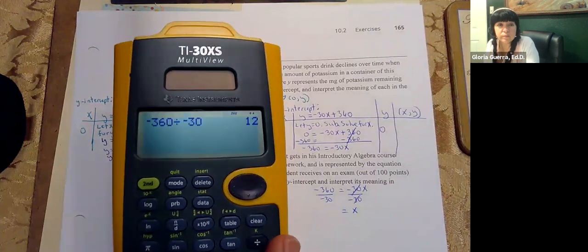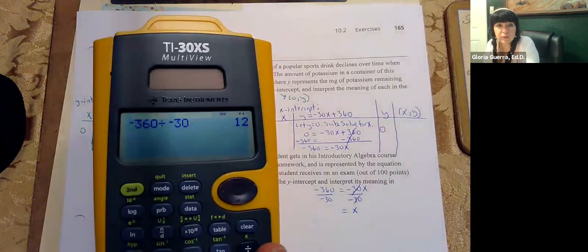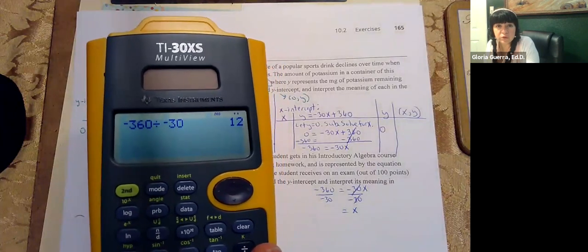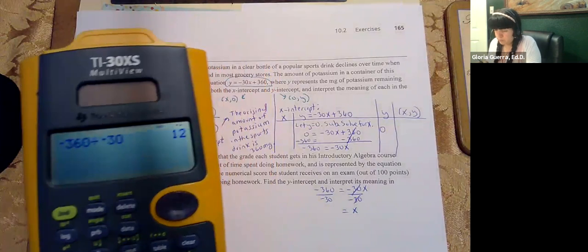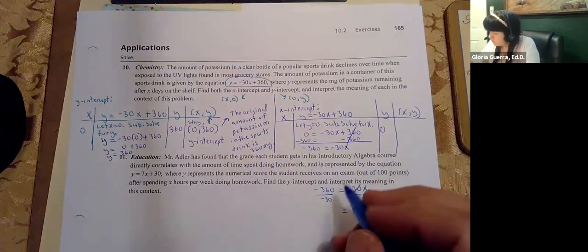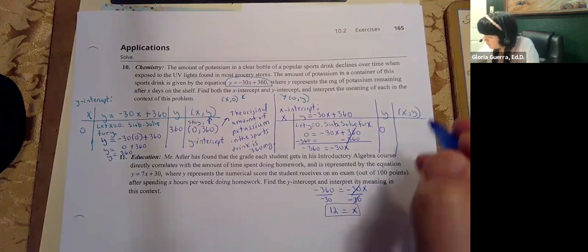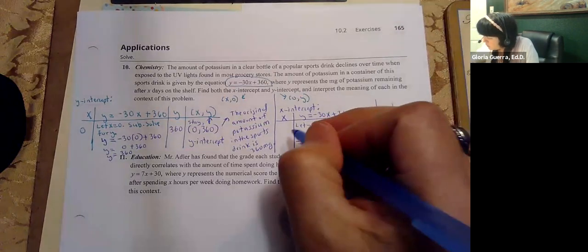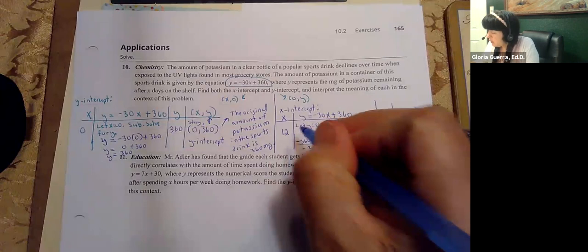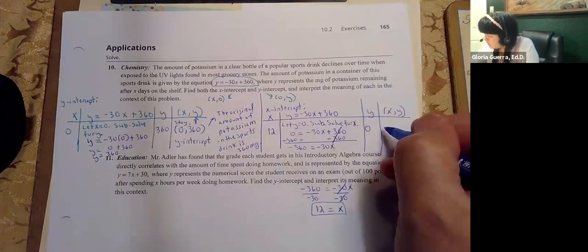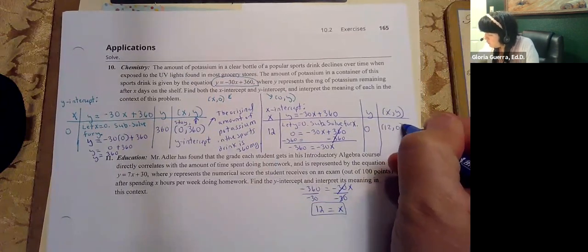Negative 360 divided by negative 30 is actually just 12. So when y is 0, x ends up being 12. So this is 12, 0.